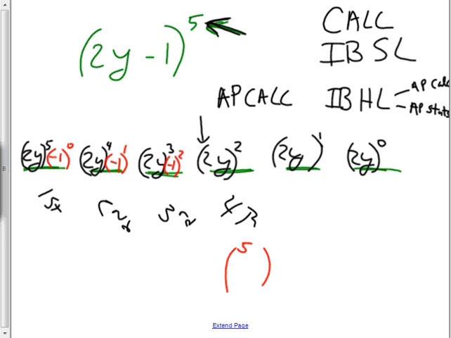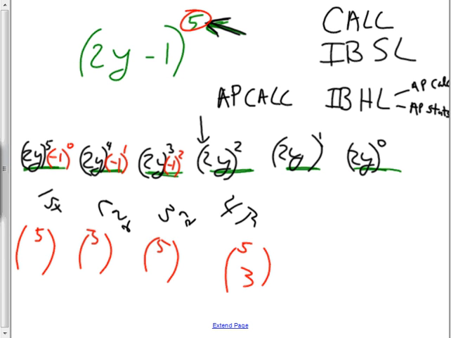5, it's always 5. No matter which of the lead coefficients you're trying to find, it's always 5. Now what? You are correct. It's 1 less than whatever term it's on. So this one's 5 choose 3.